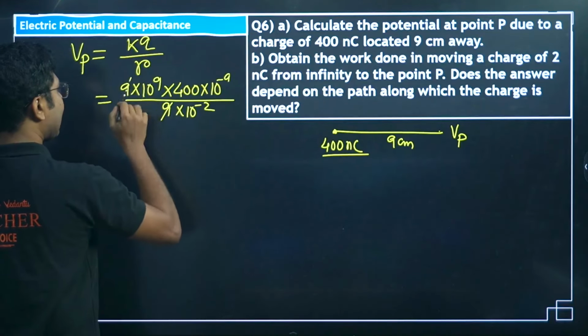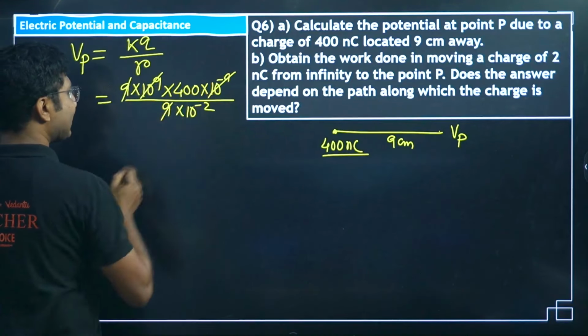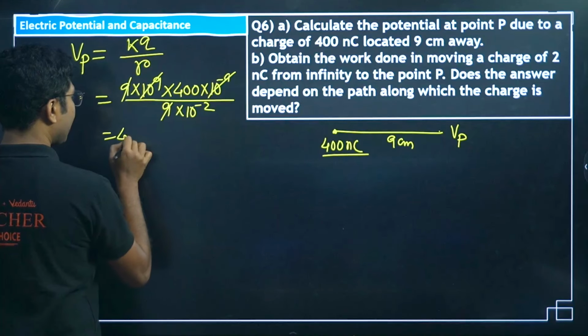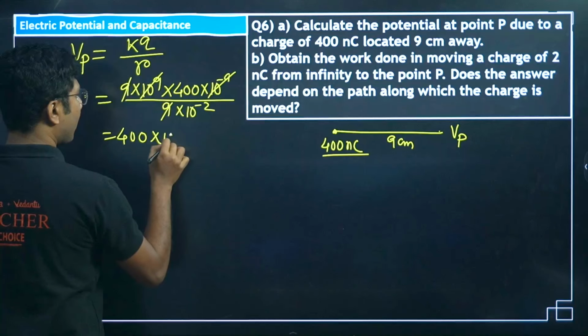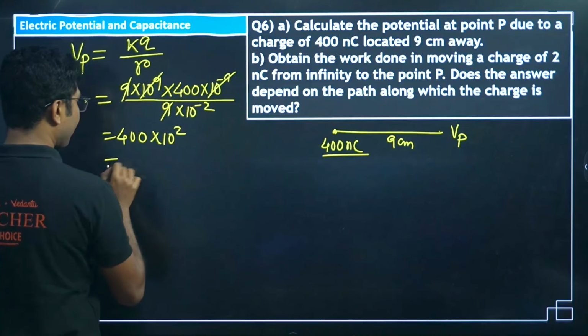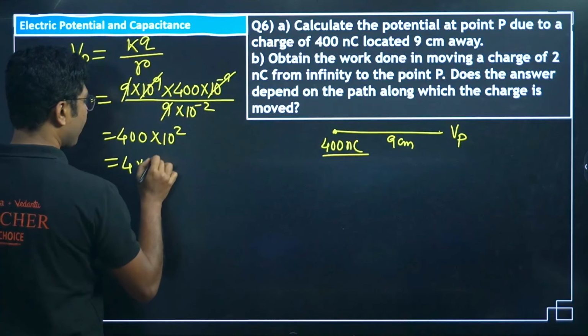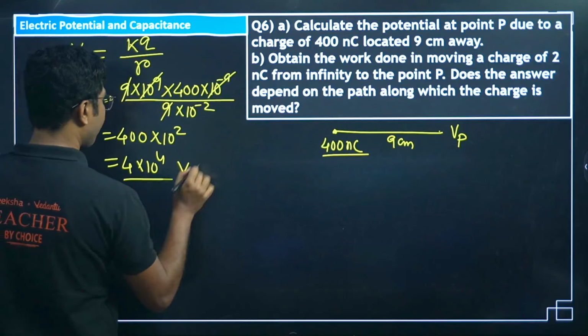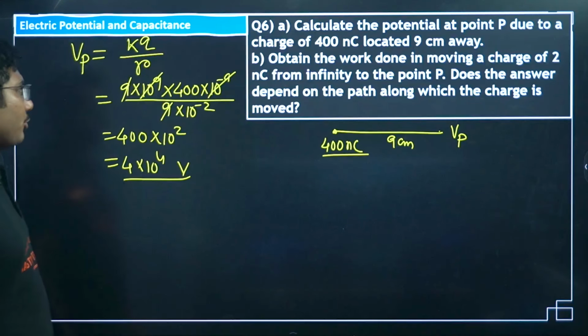So, 9 cancels, and you get 400 into 10 to the power of plus 2, and it will be 4 into 10 to the power of 4. The unit of potential is volt. So, this is the potential.